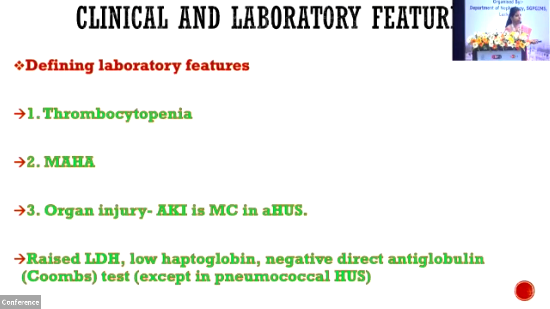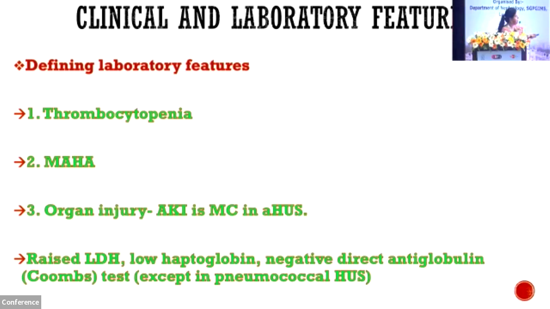Okay. Now the defining features of TMA are three: thrombocytopenia, microangiopathic hemolytic anemia, and organ injury. When you look at atypical HUS, it is kidney, which is the most common organ injury. But obviously in TTP, it is not the kidney, it is the brain, it's neurology.